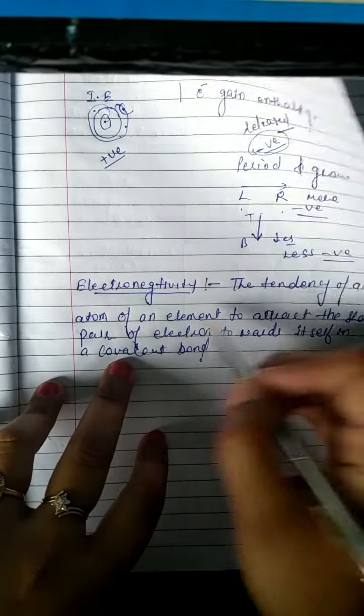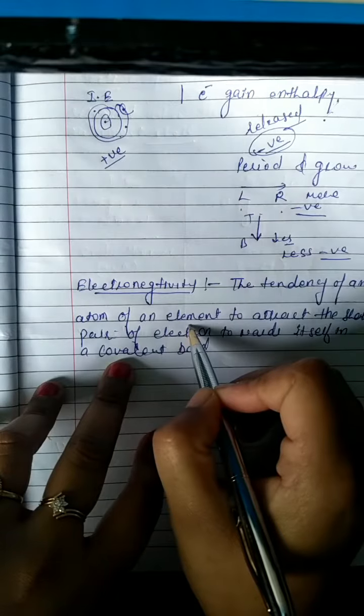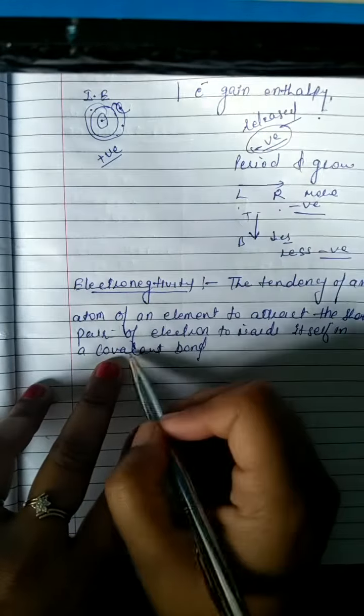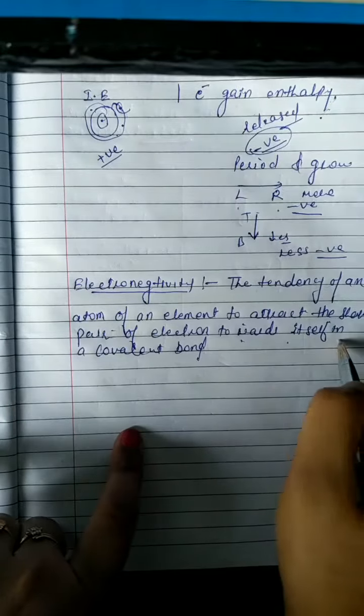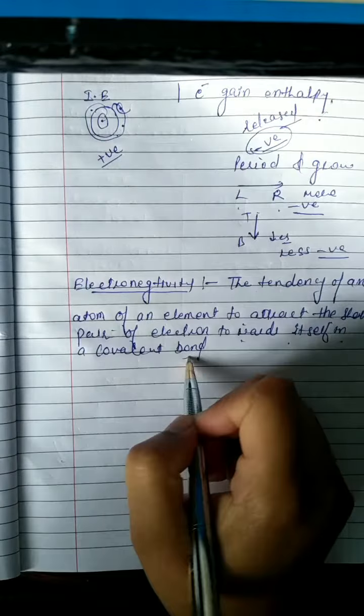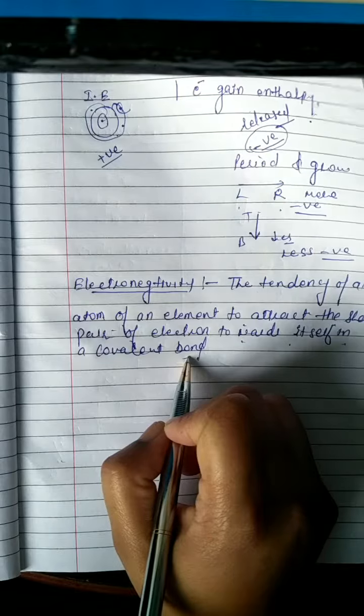The tendency of an atom of an element to attract the shared pair of electrons towards itself to form a covalent bond, that is called electronegativity.